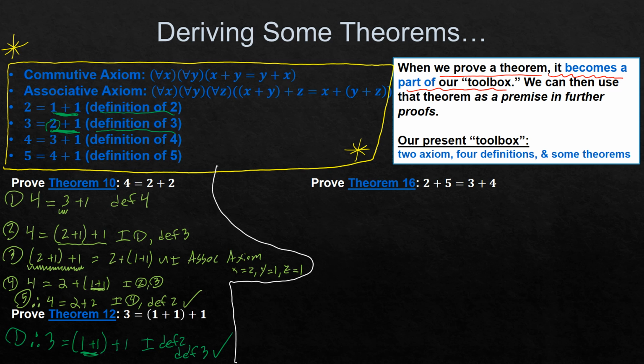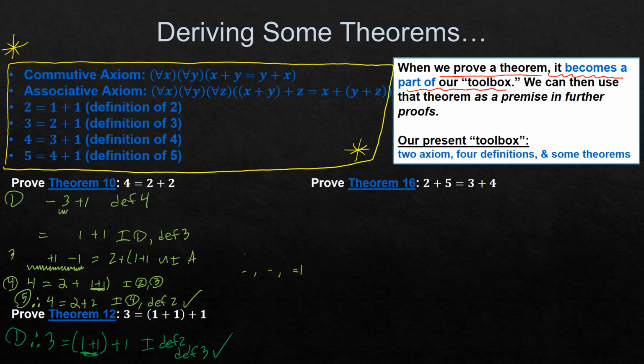And then we have theorem 16, 2 plus 5 is equal to 3 plus 4. Okay, for theorem 16, I'm actually going to erase the other answers because I didn't make sure I have enough space, so let me just erase all this here.